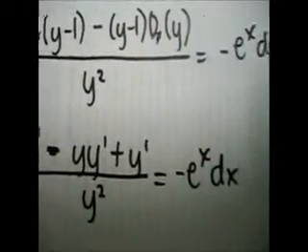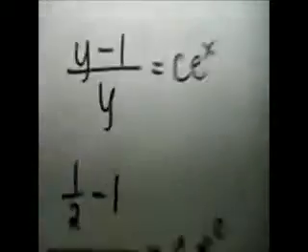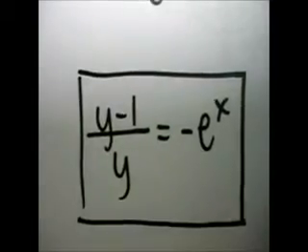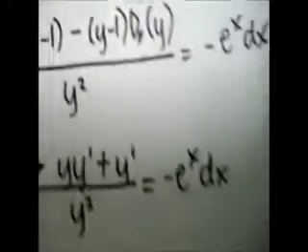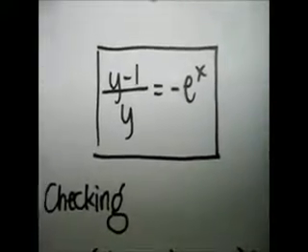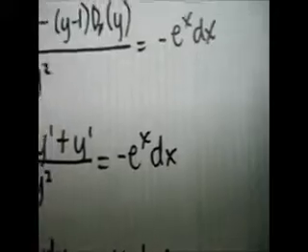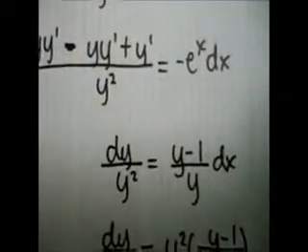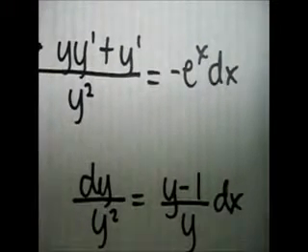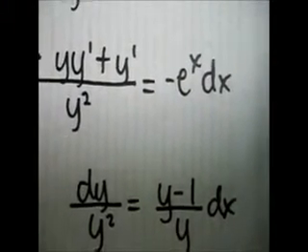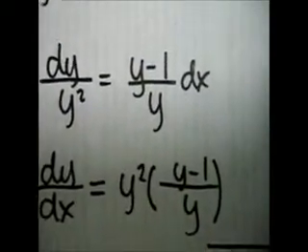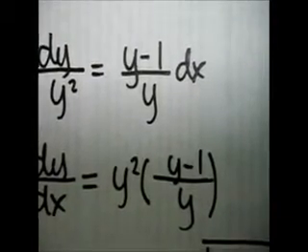We all know from our given answer that negative e to the x is just equal to y minus 1 over y. So we substitute the value of y minus 1 over y into this function. So we have this: dy over y squared is equal to y minus 1 over y times dx. So dy over dx is just equal to y squared times y minus 1 over y.